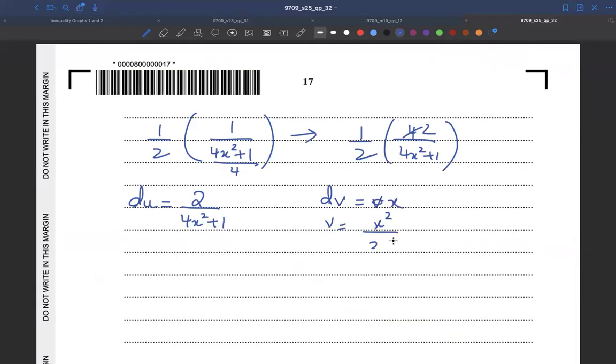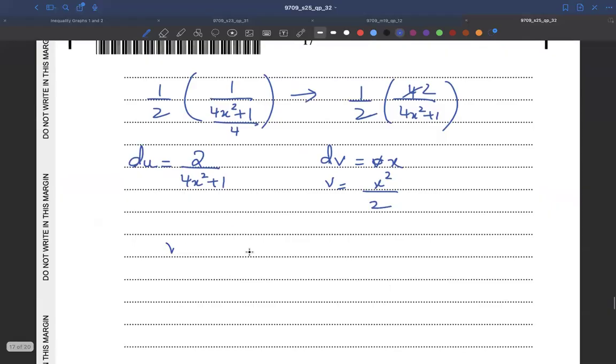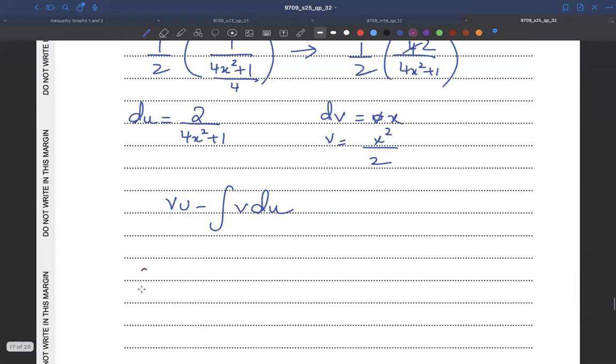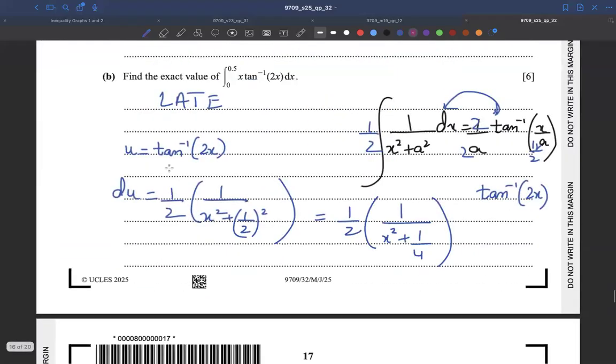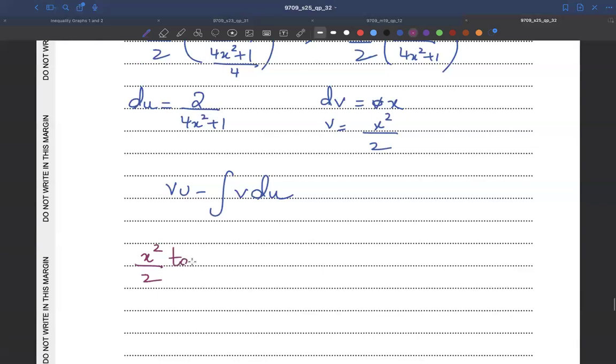Now applying integration by parts, the formula is uv minus the integral of v du. So v is x squared upon 2 into u, tan inverse of 2x, minus the integral of v, x squared upon 2, into du, 2 upon 4x squared plus 1 dx.